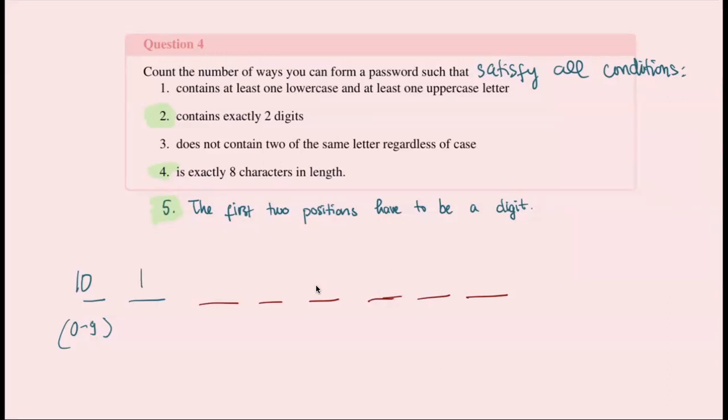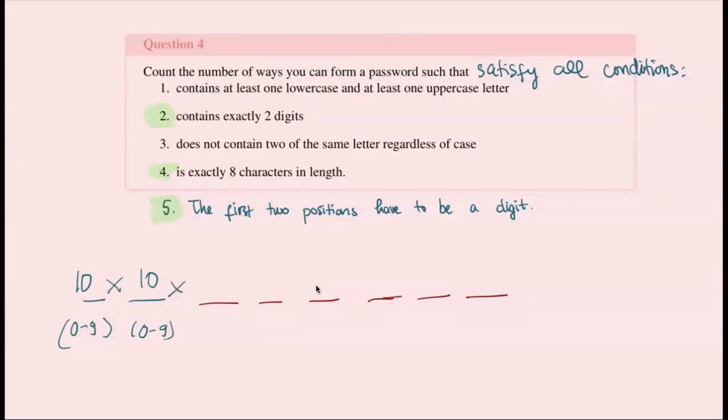Yep, it's also 10 because we don't have any other restriction such as the 2 digits cannot be the same. There's no such restriction. So the second one can also be any number from 0 to 9. So we multiply them, okay?